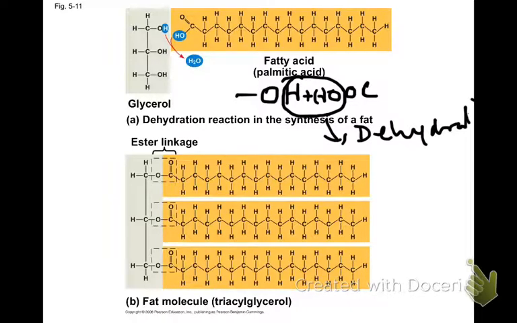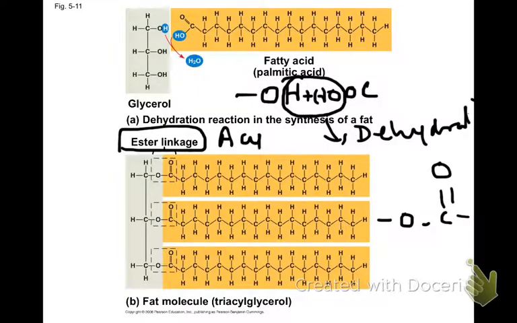In this particular case, what it ends up giving you is kind of like this. So this is an ester linkage. In some books, it's also written as an acyl linkage. You can choose to remember either of these words.